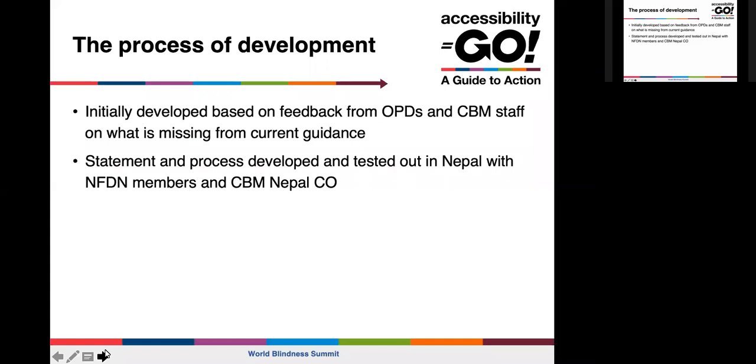So we started the process in Nepal, with the cross-disability movement. The Nepal Federation of Disabled Persons were our first partner. Their membership across all impairment groups and constituency groups helped us with refining the first initial draft. And we've been doing a lot of learning with the disability movement in Nepal around building national standards and influencing change.